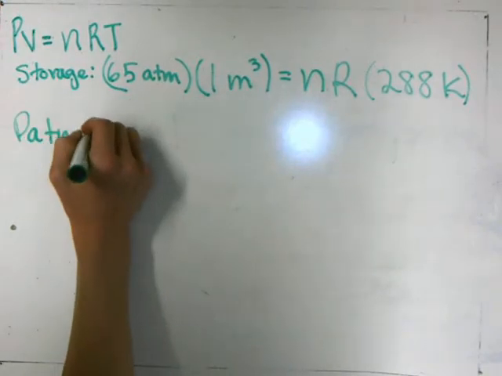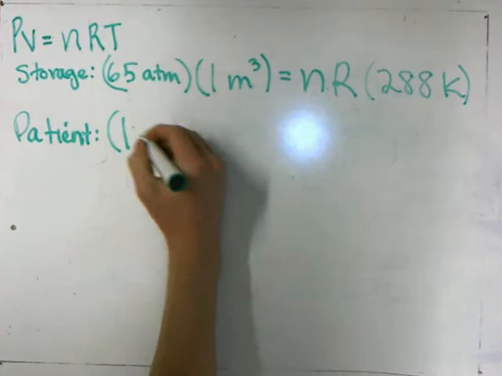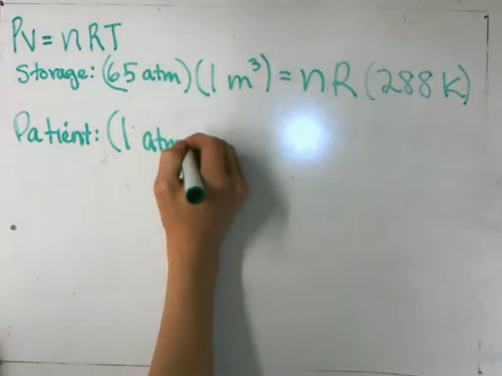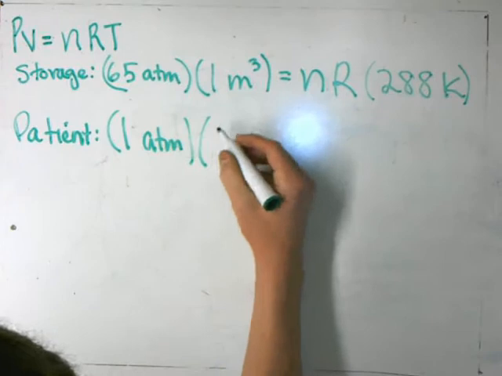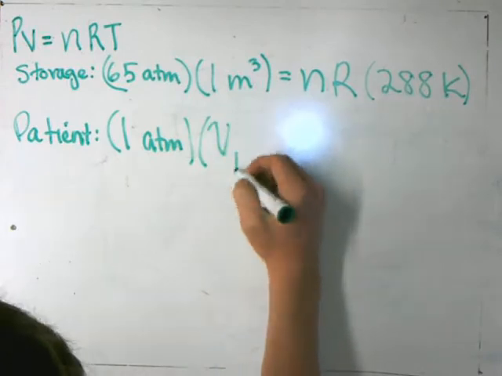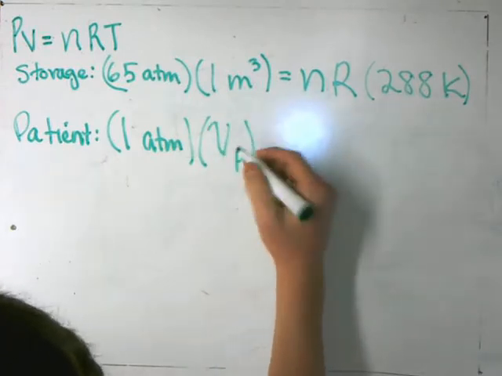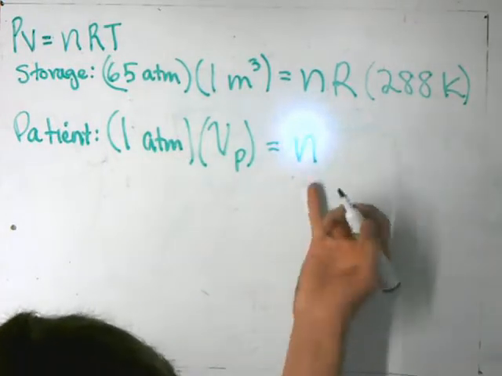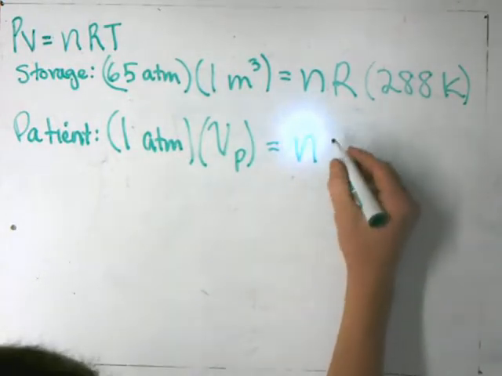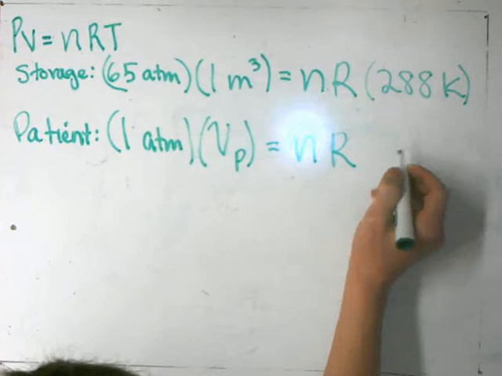So 1 atmosphere times, and what we don't know, what we're solving for, is the volume in the patient's room, V sub P, is equal to the same number of moles of gas, because the amount of gas isn't changing, times ideal gas constant, times 297 Kelvin.